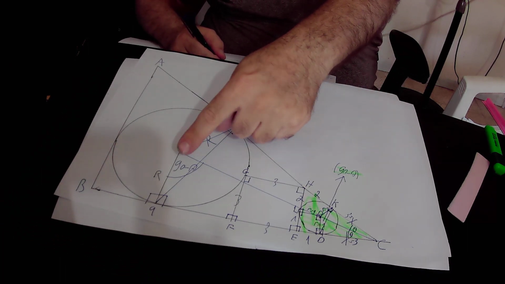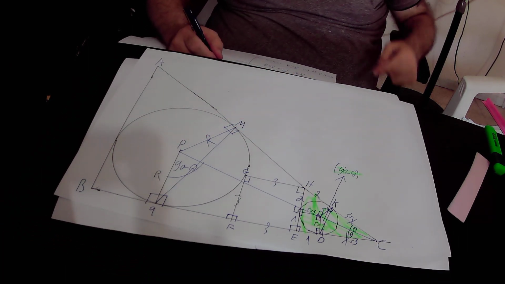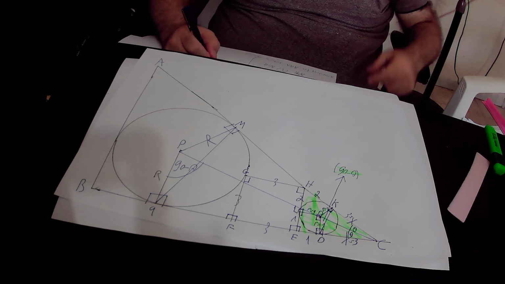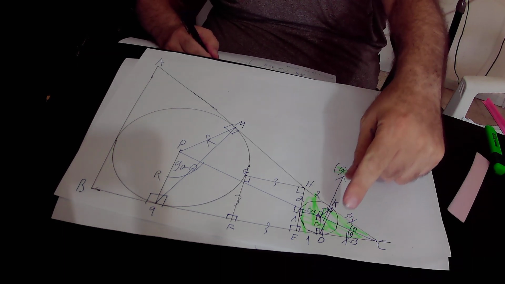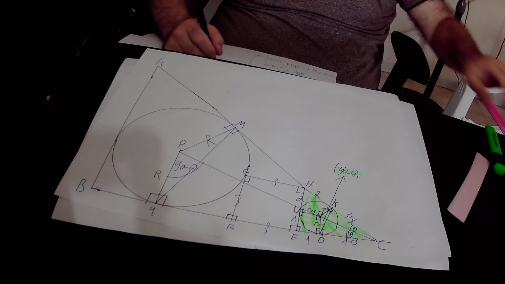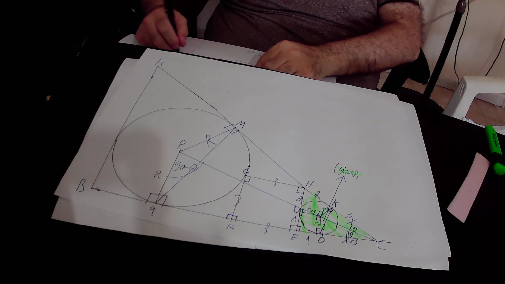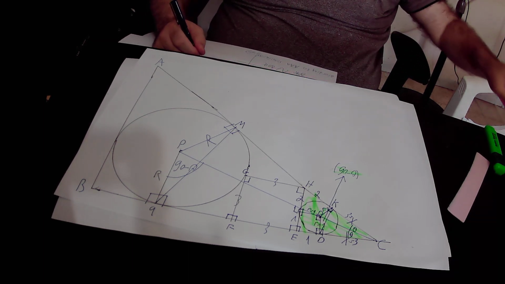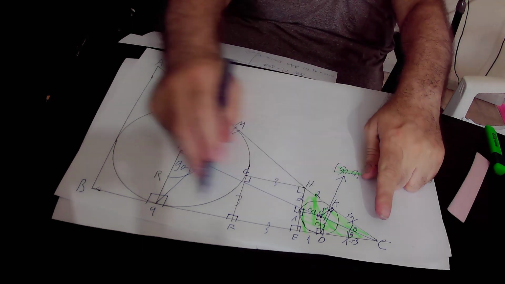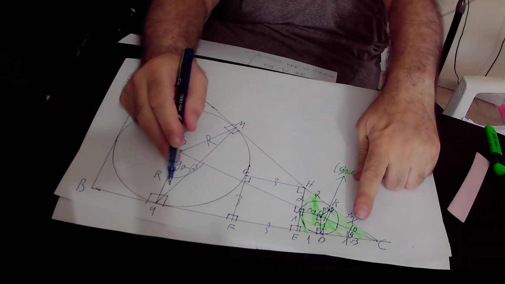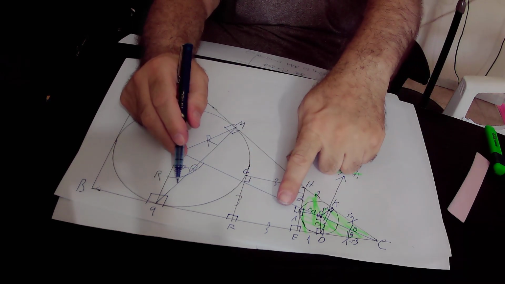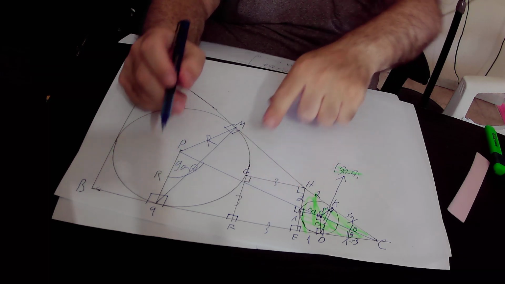PQ is the radius of the big circle that is equal to R. OD is the radius of the small circle that is equal to 1. And it is equal to QC. What is the value of QC? QC equals 3 plus 1 plus 3, that is 7, plus QF.